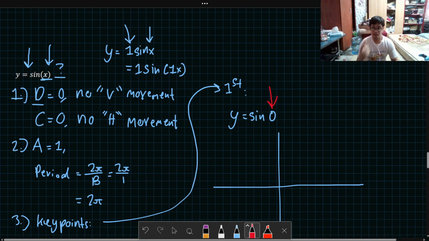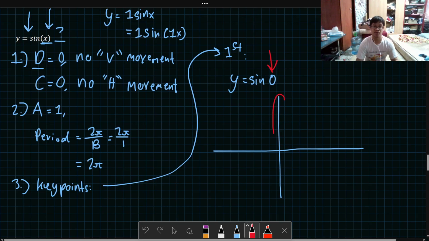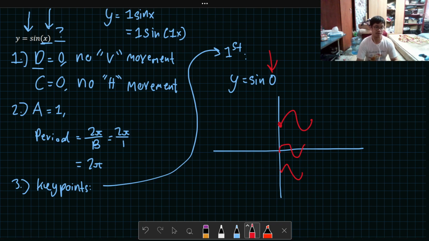Number one, it tells you where you would start graphing, which is located on the y-axis, whether above it, below it, or exactly where the x-axis and y-axis pass through each other.